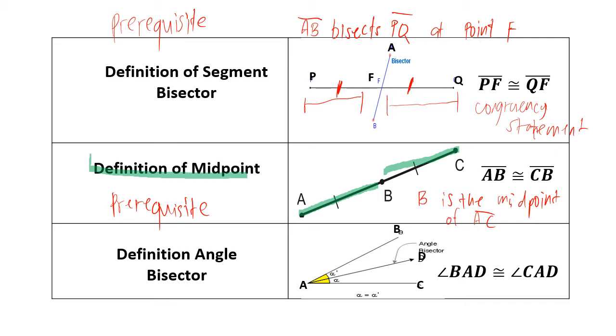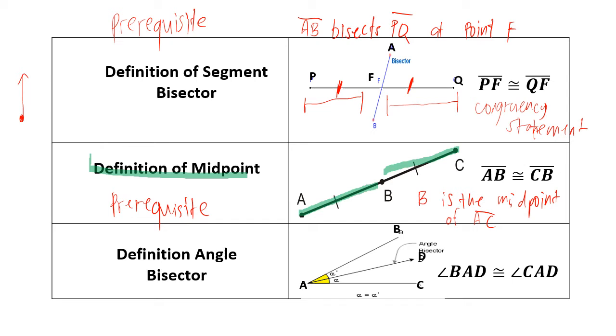Now, this time, we have the definition of angle bisector. Though, ito yung madalas ginagamit, definition of segment bisector and definition of midpoint. We also have to know this definition of angle bisector. We have to remember that a bisector could be a line, it could be a segment, it could be a ray. Talking about ray, there's an endpoint on one side, and the other side is infinite.